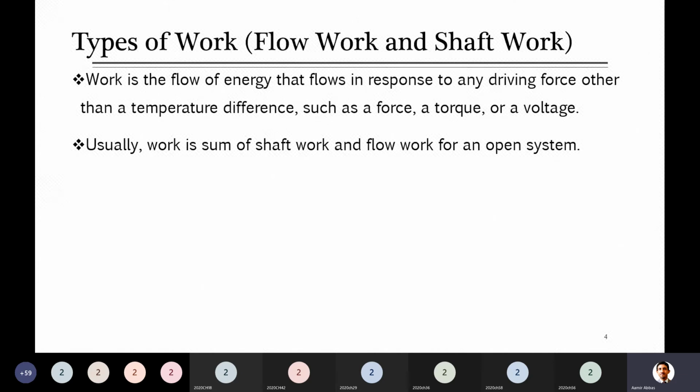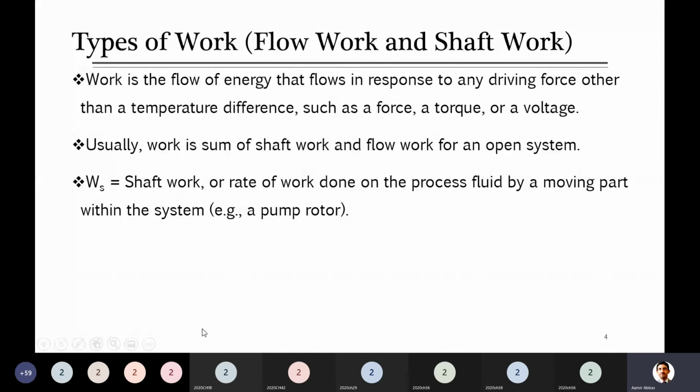So overall, work here is the sum of shaft work and flow work for these open systems. Why? Because whenever you have some material, in order to push that material you have to do work on it, and that work is divided into two parts, shaft work and flow work.